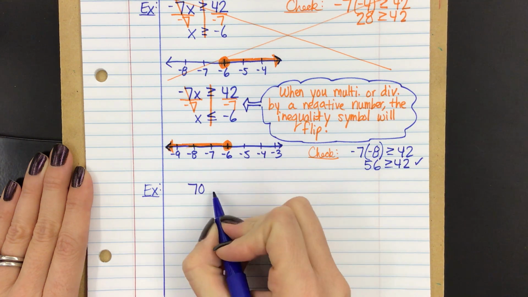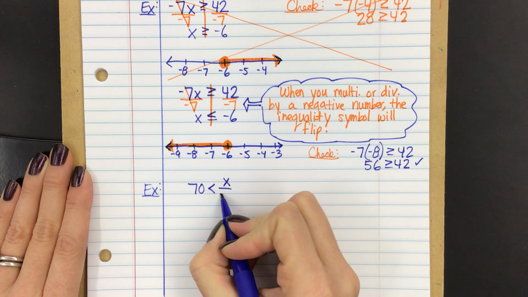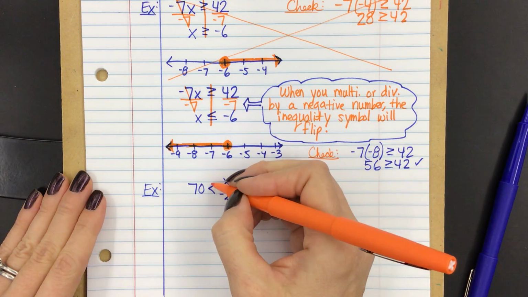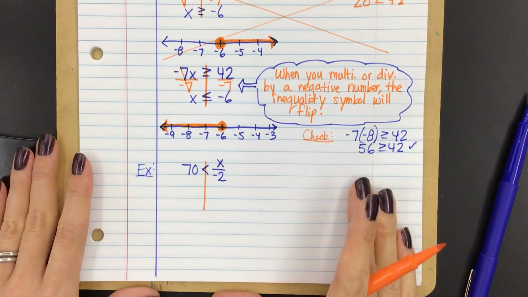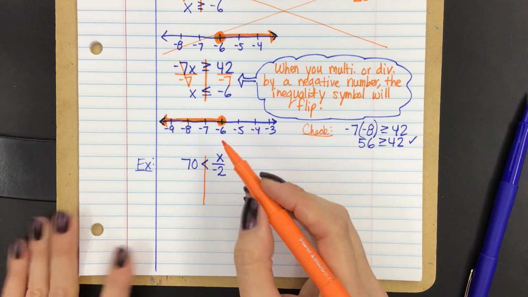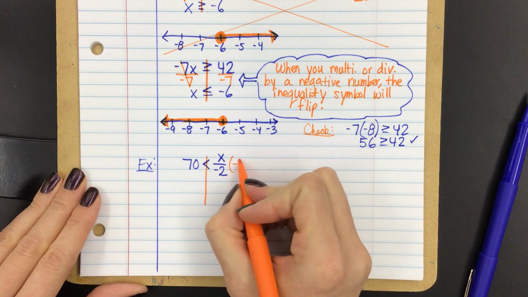You have 70 is less than x divided by -2. Again, we're going to set it up just like we normally would. And the opposite of dividing by -2 is multiplying by -2.